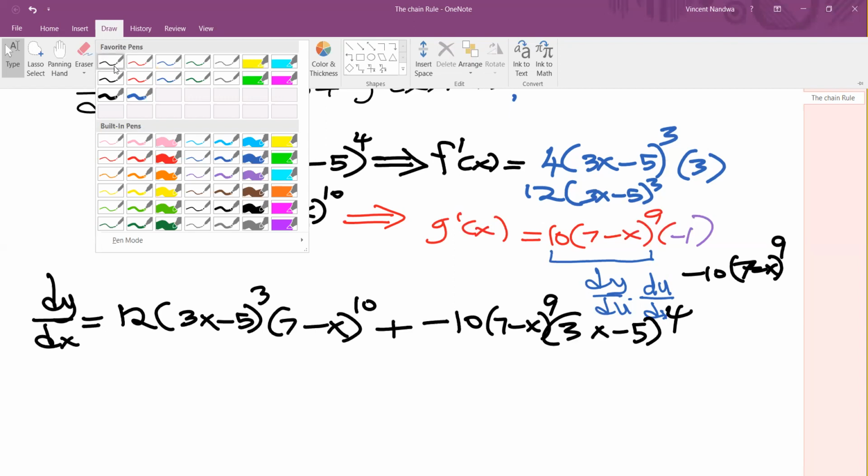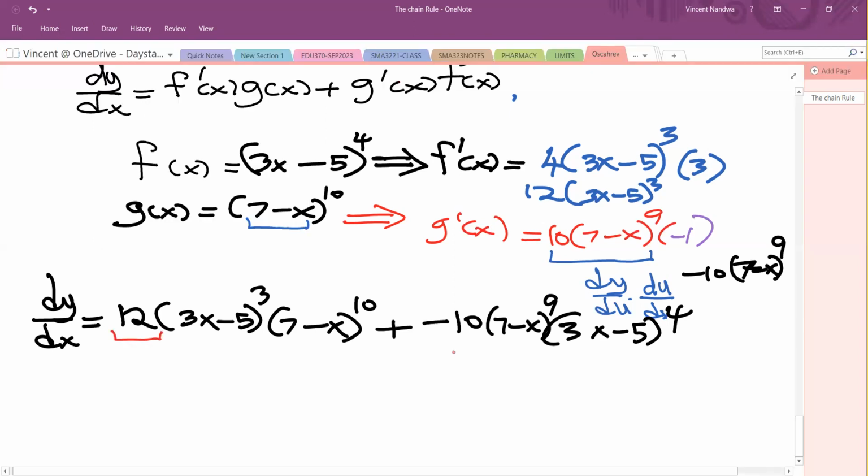Here we can do further factorization. Let's begin with these ones. This number here is 12 and this one is -10, okay? What is the common GCD of 12 and 10, or 12 and -10? Largest number that can divide 12 and 10?